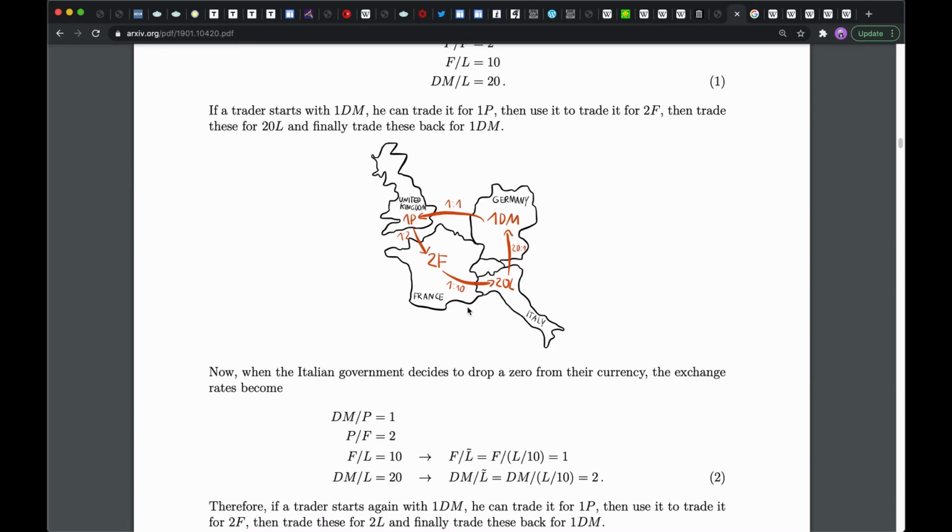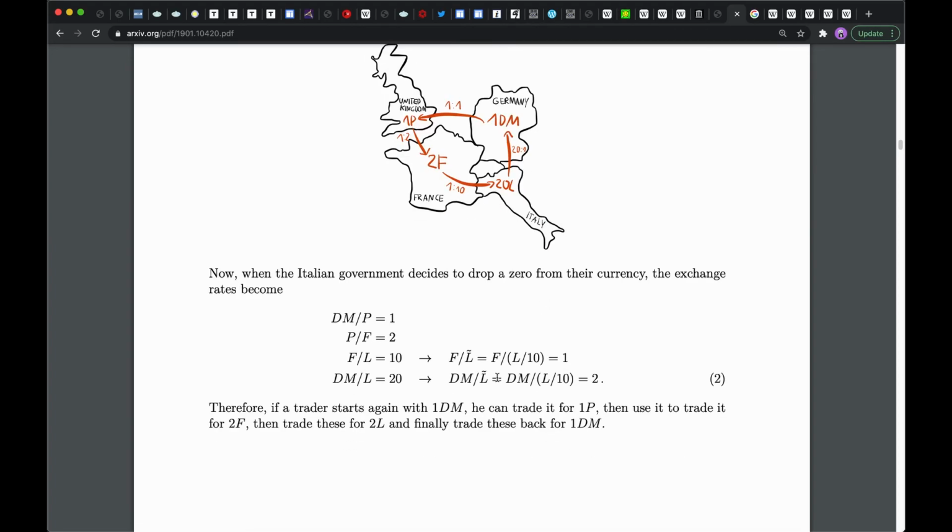Now we can see that if, for example, one of the governments decides to drop a zero from their currency, so basically changes the value of their local currency, the bookkeepers will guarantee for the whole system that that local change will not have an impact on Europe overall.